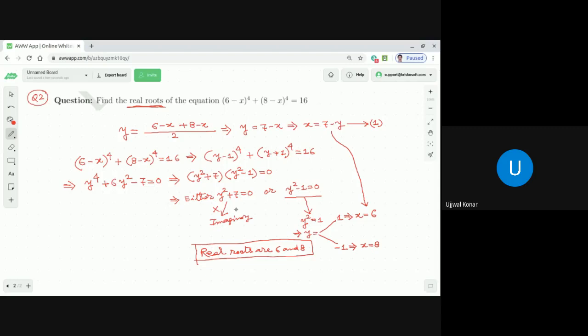What are we going to get? Y square plus 7 equal to 0. That means y is equal to plus minus square root of 7 i. And then put x equal to 7 minus y, so x is 7 minus plus i into square root of 7. So they are coming as complex conjugates, no, dear students? So this is also another approach. The approach we are seeing here is called change of variable.